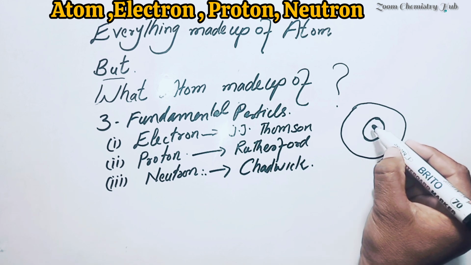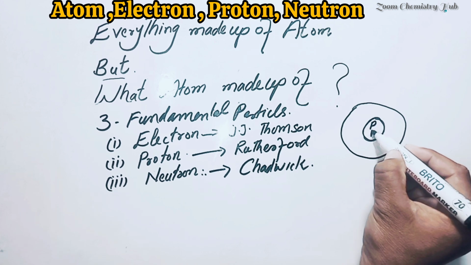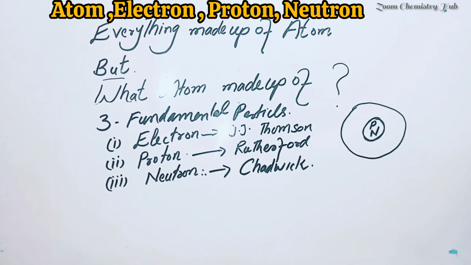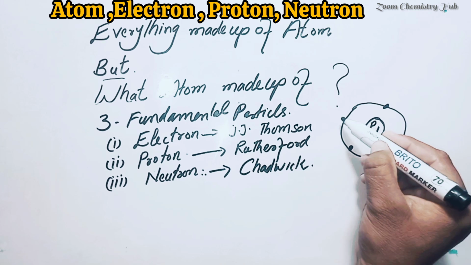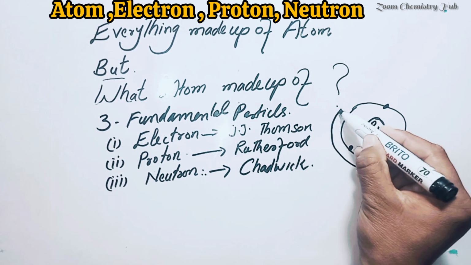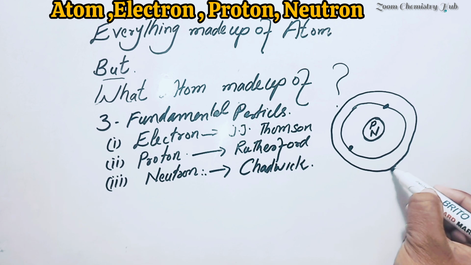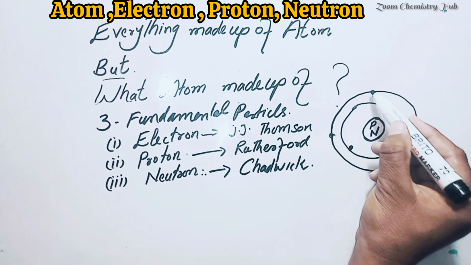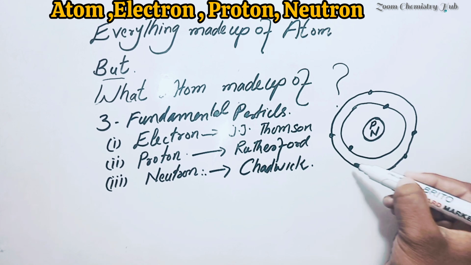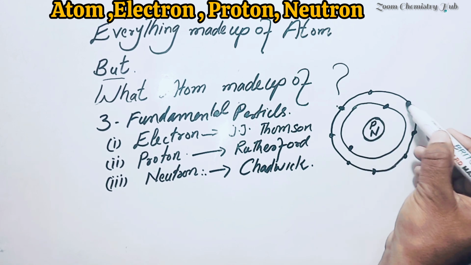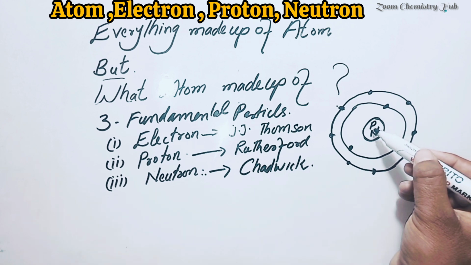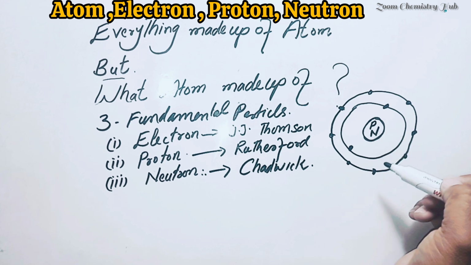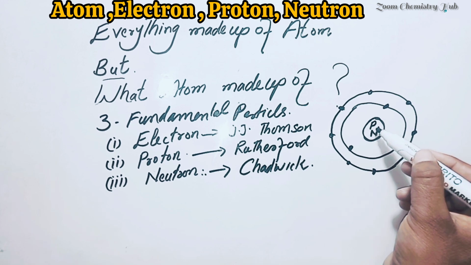The nucleus consists of protons and neutrons, and electrons are present outside the nucleus in different shells or orbits. Now we will discuss how these particles stay in their positions, and why they stay in their original positions.